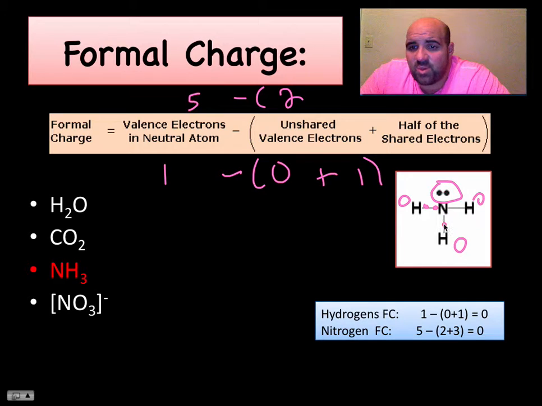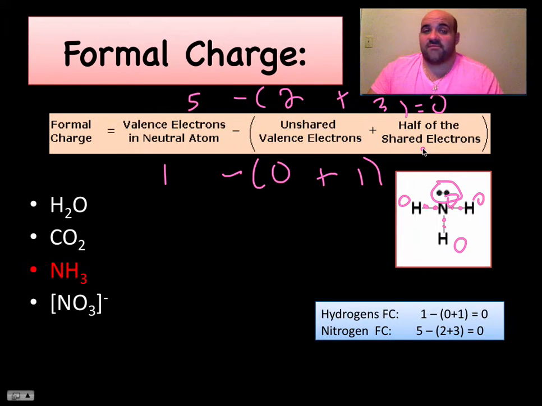It's sharing 1, 2, 3, 4, 5, 6, because there's 3 bonds, and we cut that in half. So that becomes 3. Another way to look at it is you can see the number of bonds. Instead of half the shared electrons, you could also just take the number of bonds, whatever's simpler. 5 minus 3 plus 2 equals 0. So formal charge is 0.